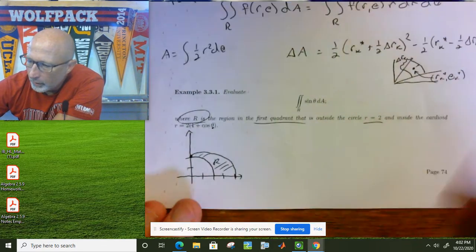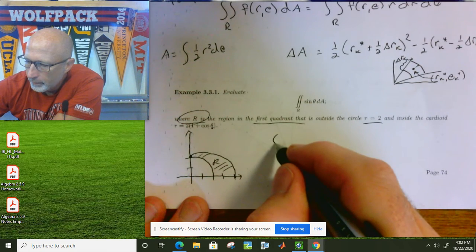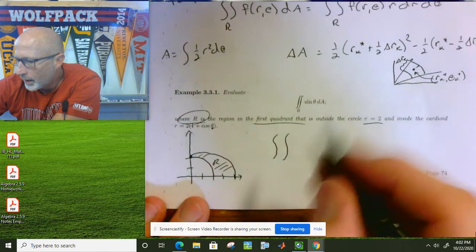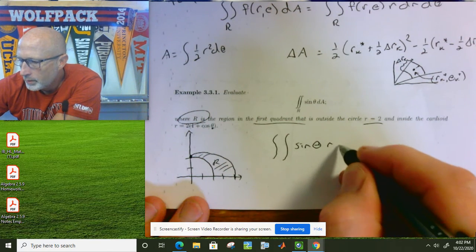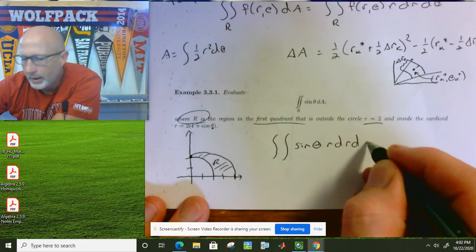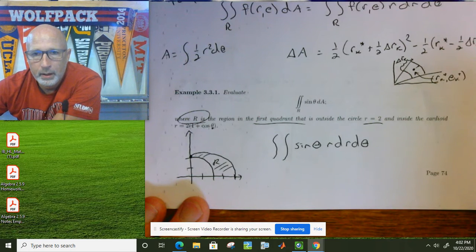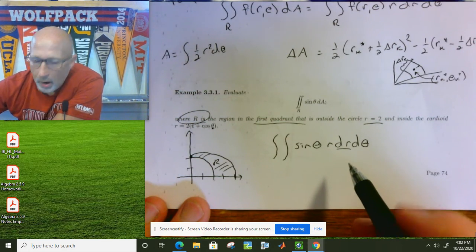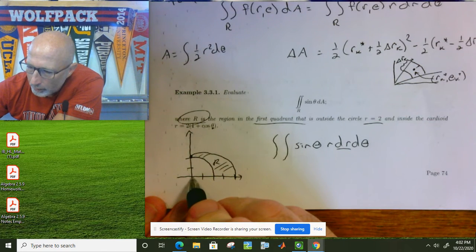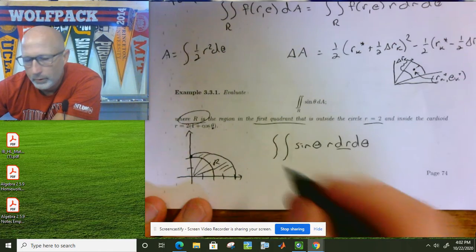So this integral up here becomes sine of theta r dr d theta. And now I need to know what my r's are going to go from and to. The smaller portion of r is just going to be 2. No matter where it goes, it's always going to be 2.